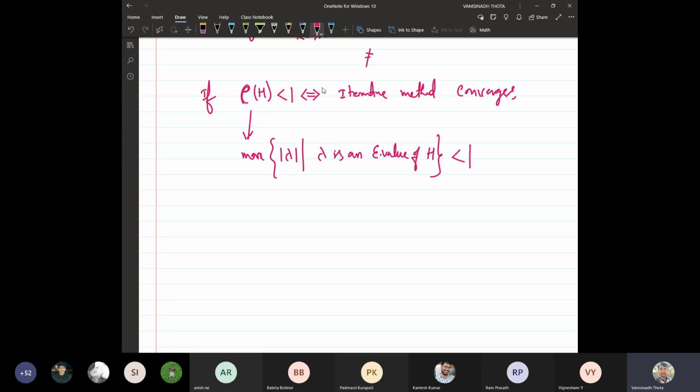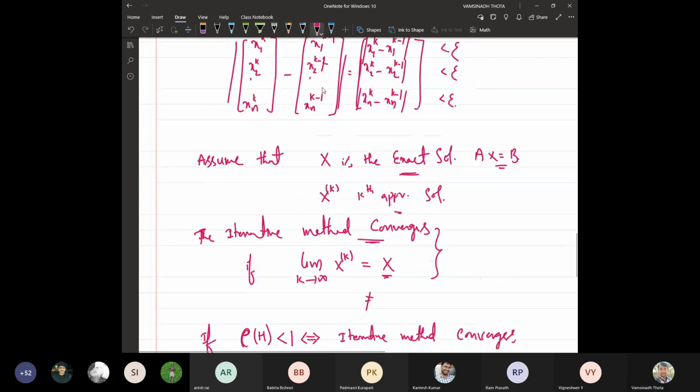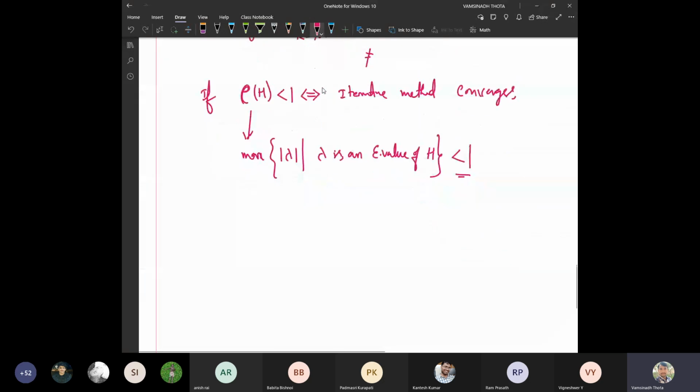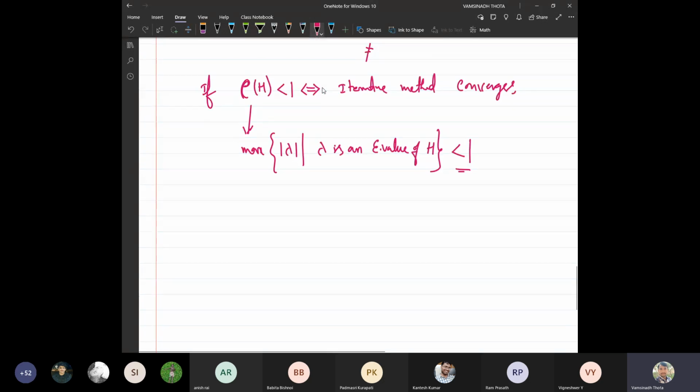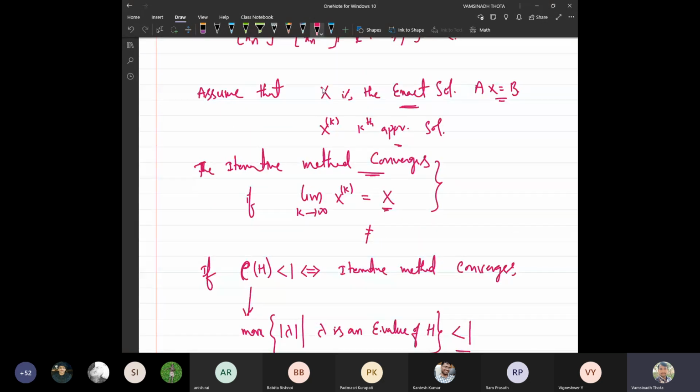That is the condition. Rho of H is basically given as the maximum of the absolute values of the eigenvalues of the matrix H. Suppose it is strictly less than 1, then you can say the iterative method converges. At what rate it converges, I will explain separately.